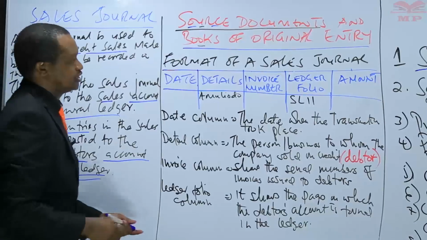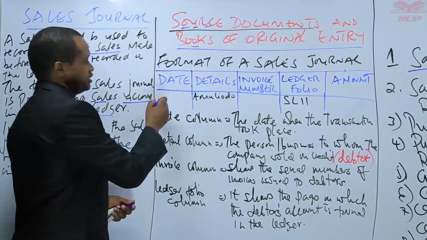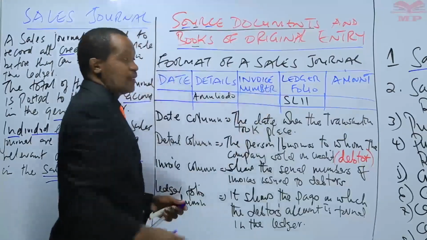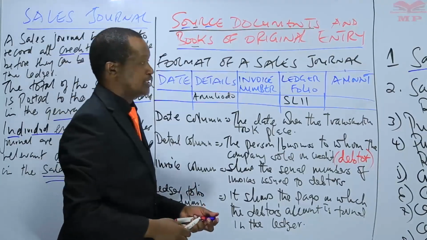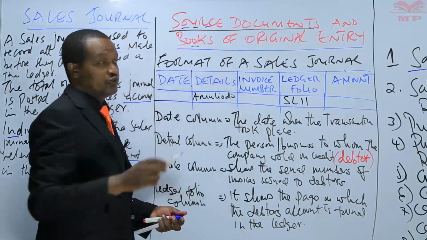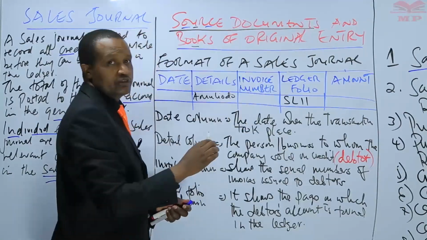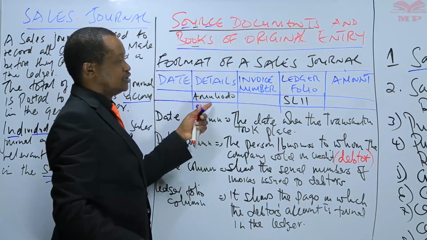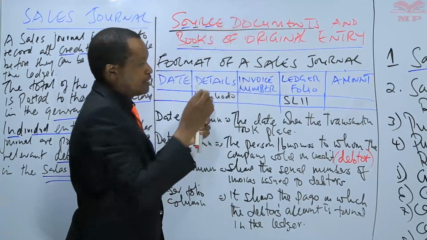Now, after recording individual debtors in this account, accounting does not stop there. We'll be seeing later what happens after making entries in the books of original entry. This is a book of original entry. Later, these accounts or these debtors are to be posted in the sales ledger.